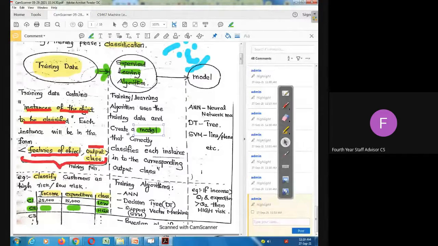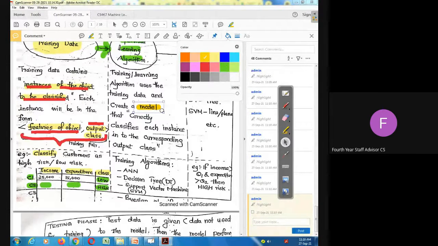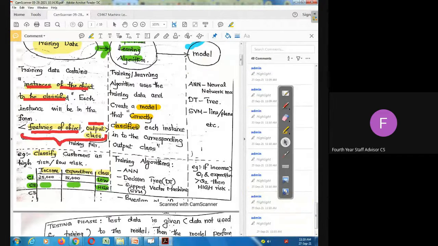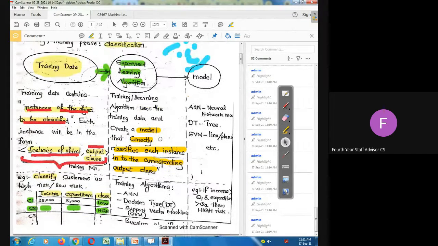So what is a model? Note this point: that model correctly classifies each instance into the corresponding output class. Okay. So this supervised learning algorithm will create a model.